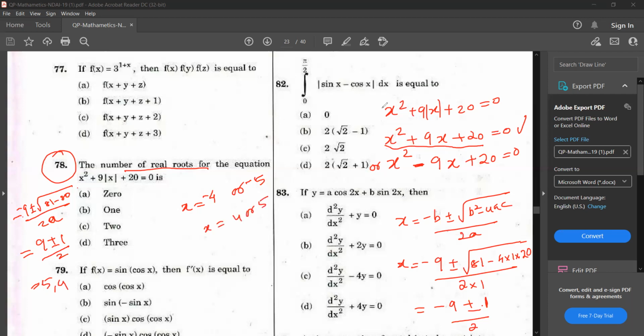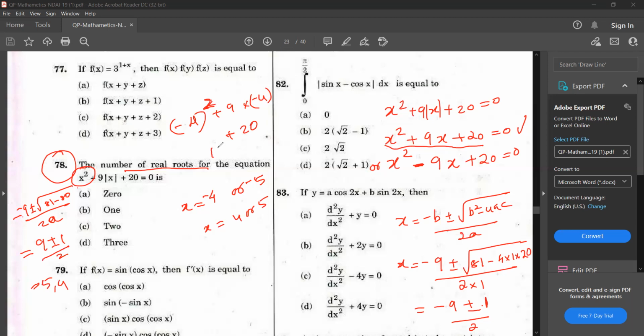Now substitute that in the equation. When you substitute x as minus 4, what will you get? Minus 4 square plus 9 into minus 4 plus 20.